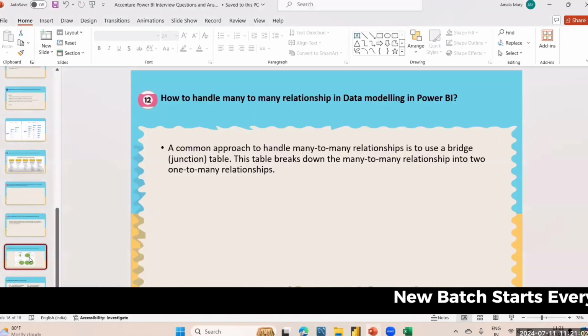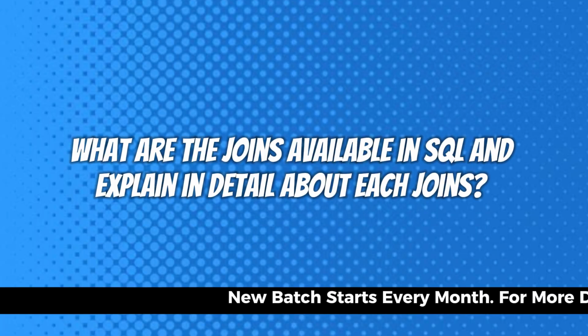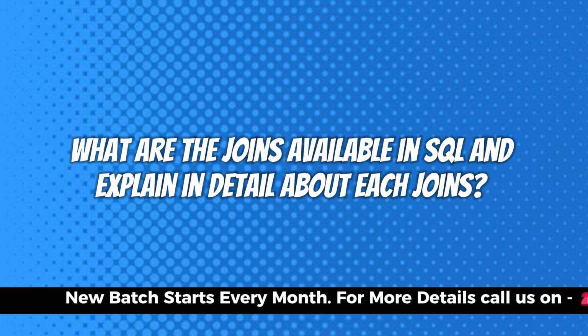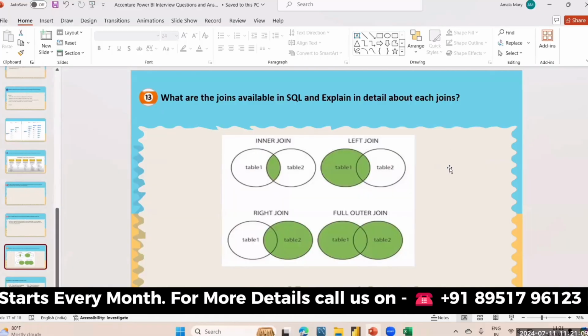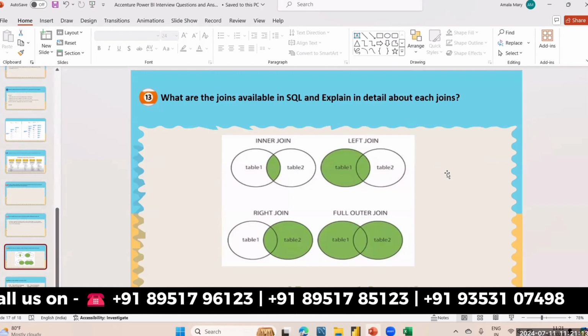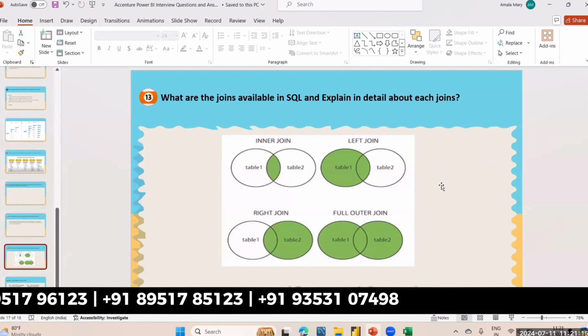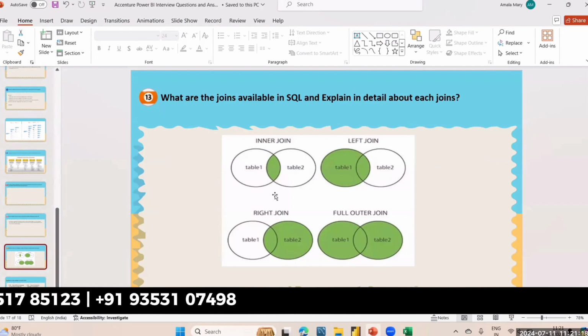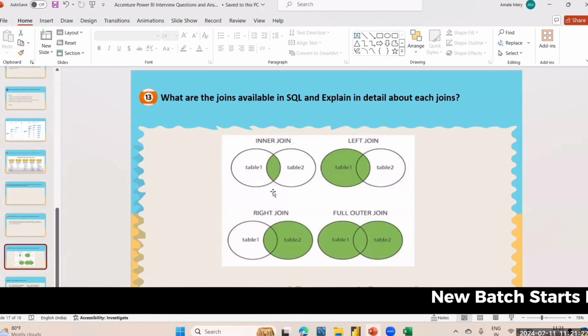So the next question is, what are the joins available in SQL, and explain them in detail. We can explain like this. We have four types of join in SQL: inner join, left join, right join, and full outer join. In an inner join, if we have table 1 and table 2, the common records will be displayed to us.